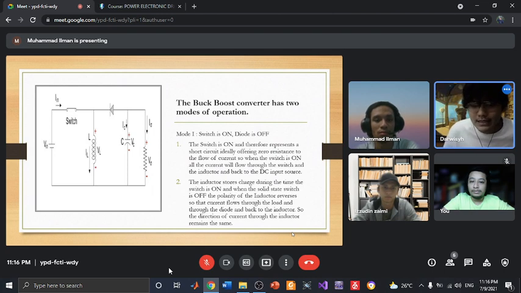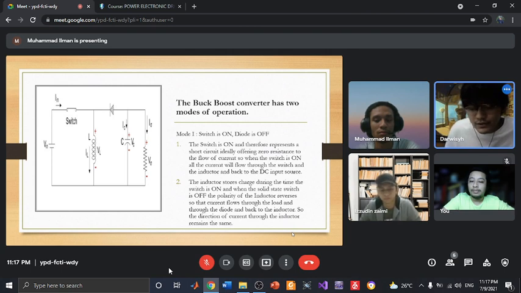Okay, the buck boost converter has two modes. Okay, first mode is switch on, diode is off. The switch is on and therefore represents a short circuit, ideally offering zero resistance to the flow of the current. So when the switch is on, all the current will flow through the switch and the inductor and back to the DC input source.